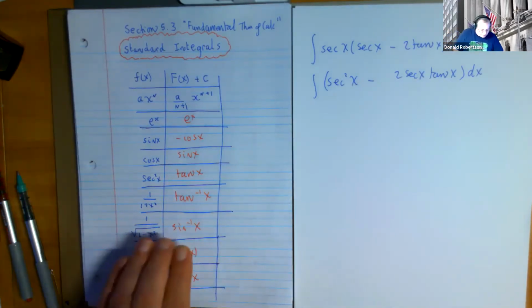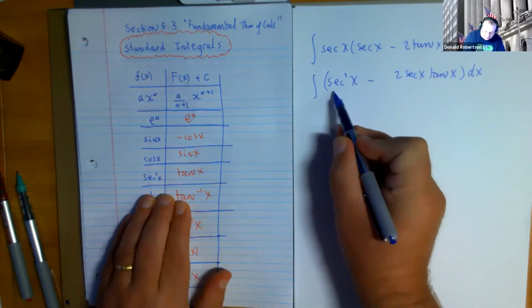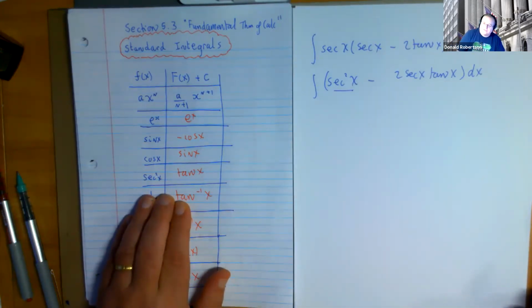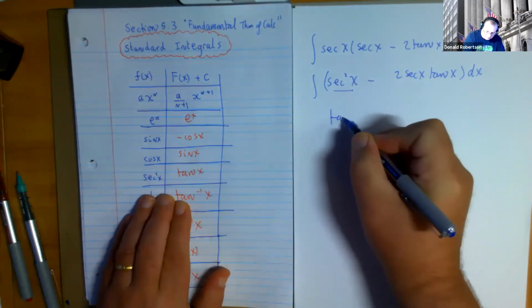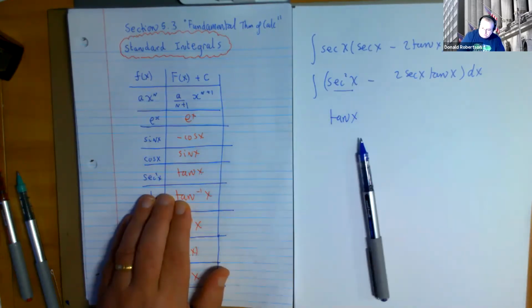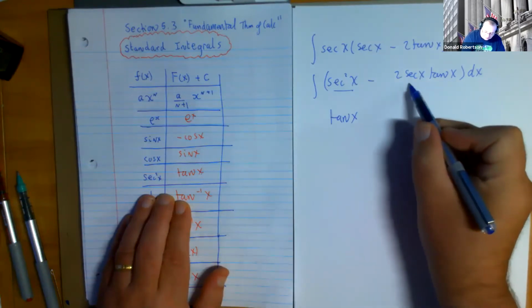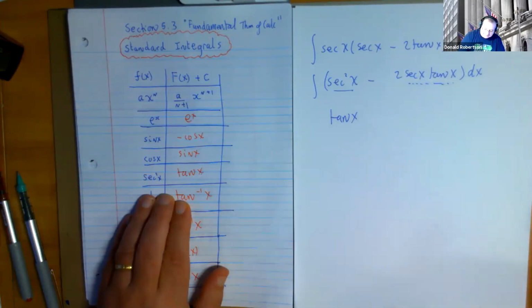For instance, isn't the antiderivative of secant squared x tan x? What is the antiderivative of secant tan?